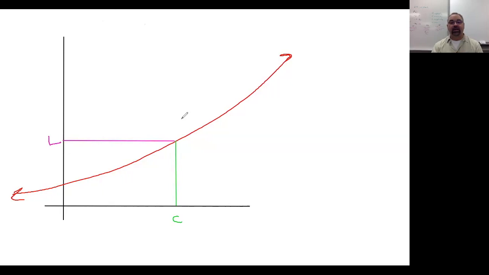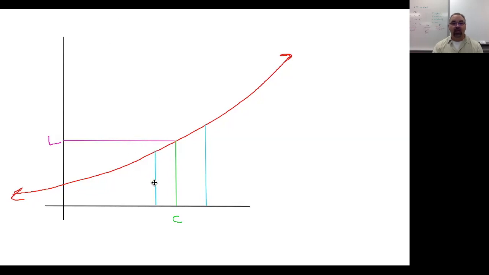What we're saying is, let's define a delta so that if we stay within delta units of C, so I'm going to define delta to be this distance. I'm going to try and match that distance as best I can.